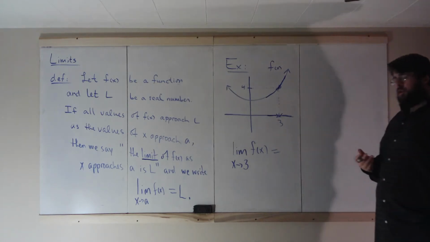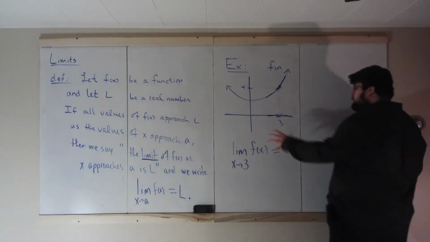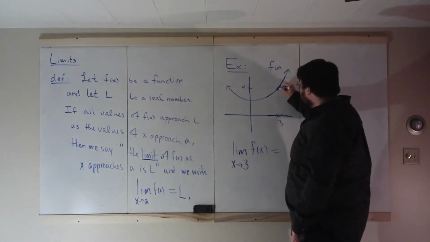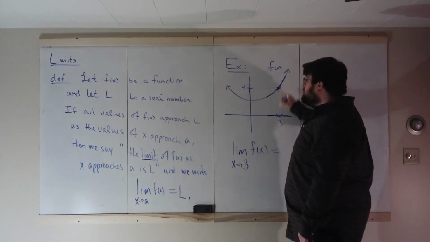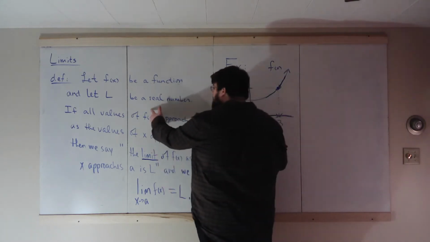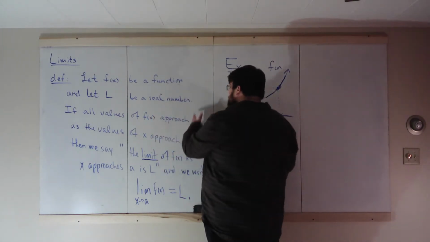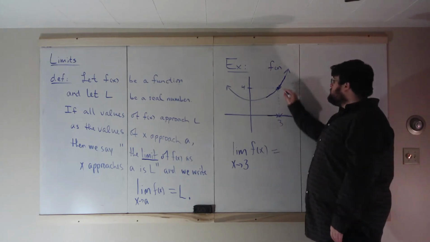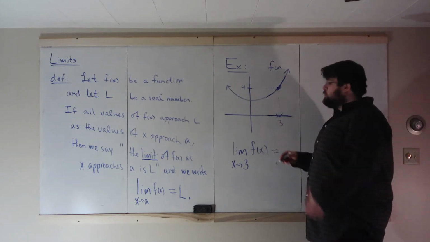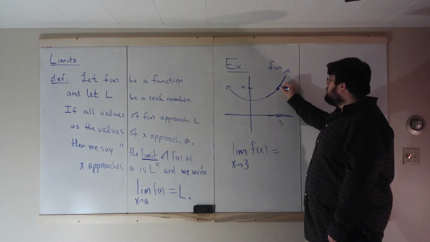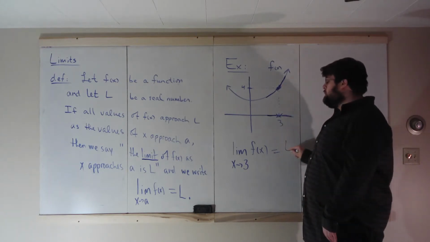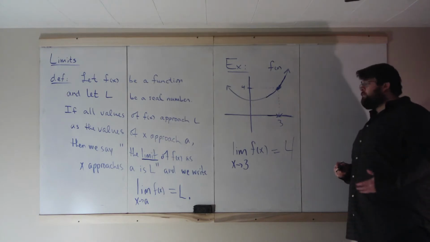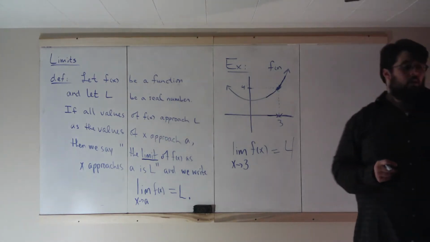And you'll notice, as x approaches 3 in any way it can, this function approaches this point. In particular, the values of f of x, the y values, approach a y value of 4. So the limit, as x approaches 3 of this function, is 4.